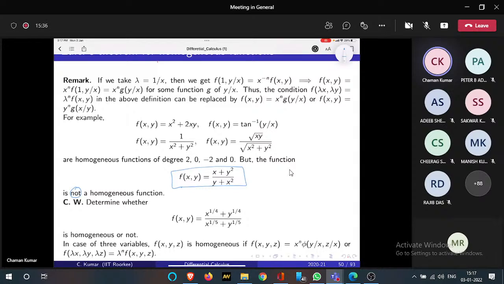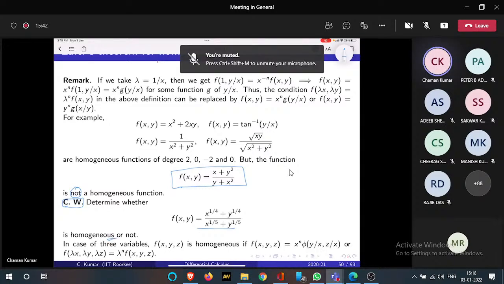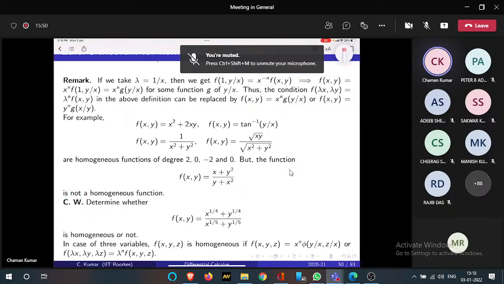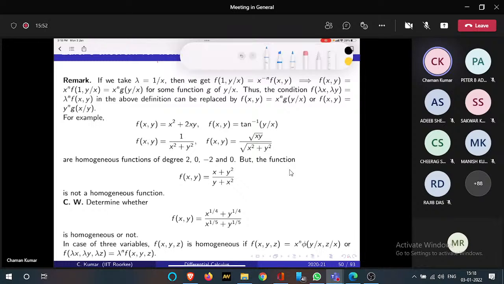Now we have this class work, so you can try at home to check whether this is a homogeneous function or not. The definition of the homogeneous function can be extended to a function of more than two variables as well.